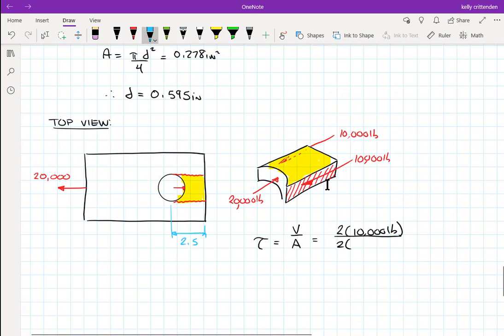And then the thickness of the plate I didn't even show, let's make that over here 1/2 inch. So I have two areas that are each 2.5 inches long and 1/2 inch thick. And let's see what we get. And again, the twos just cancel each other out. So 8,000 PSI.